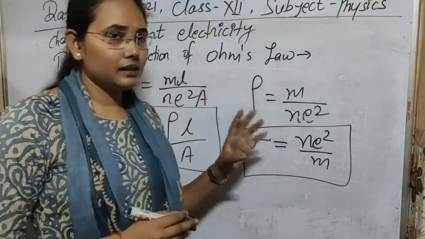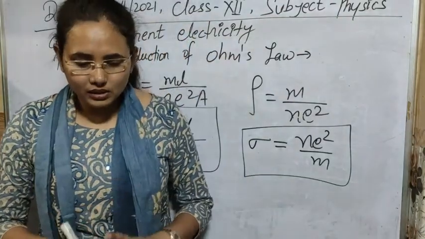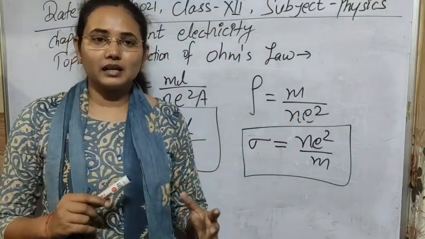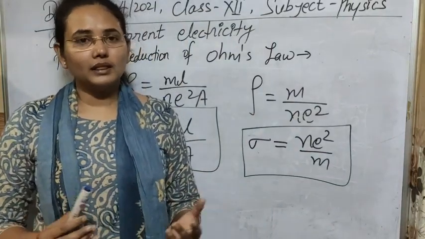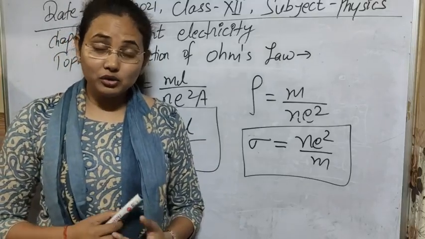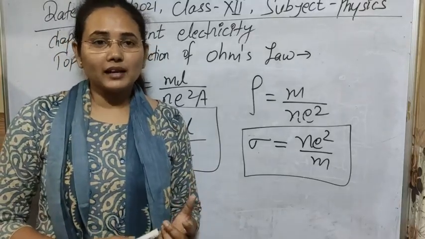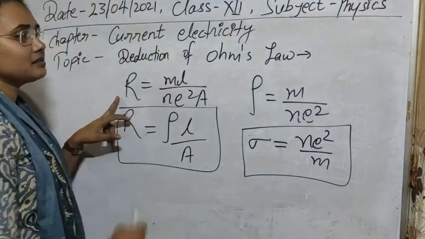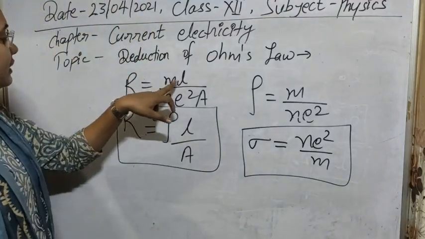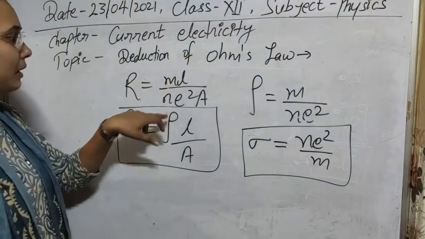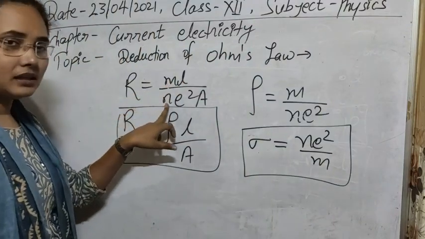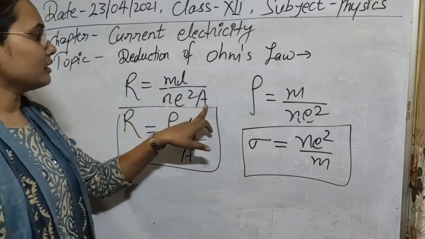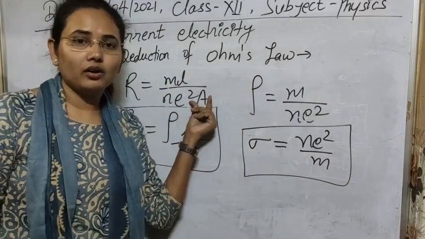So with this simple deduction that we have understood just now, we can deduce all the expressions, the resistance, conductivity, conductance, all the things that we have discussed before, and we can also understand on which factors these terms depend. Like if you see the resistance of the conductor, it depends on length, mass of the charge, number density, charge on the particle, and area of the conductor.